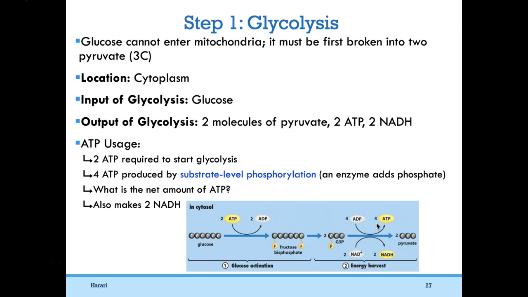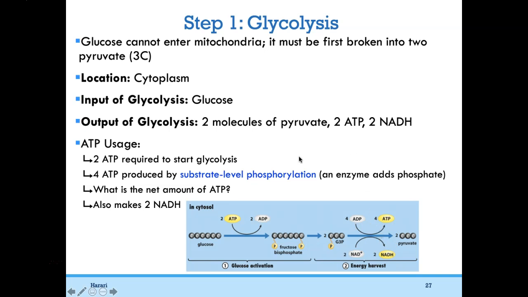This is different from chemiosmosis, which was how ATP synthase made ATP. Right? Do you remember the spinning of that enzyme, ATP synthase, allowed a phosphate to be added to ADP to make ATP. But here we're making ATP in a different way.